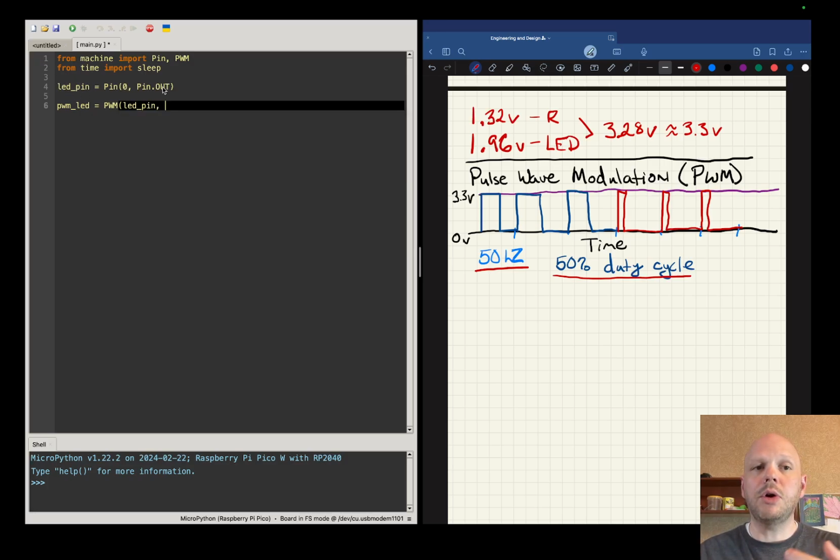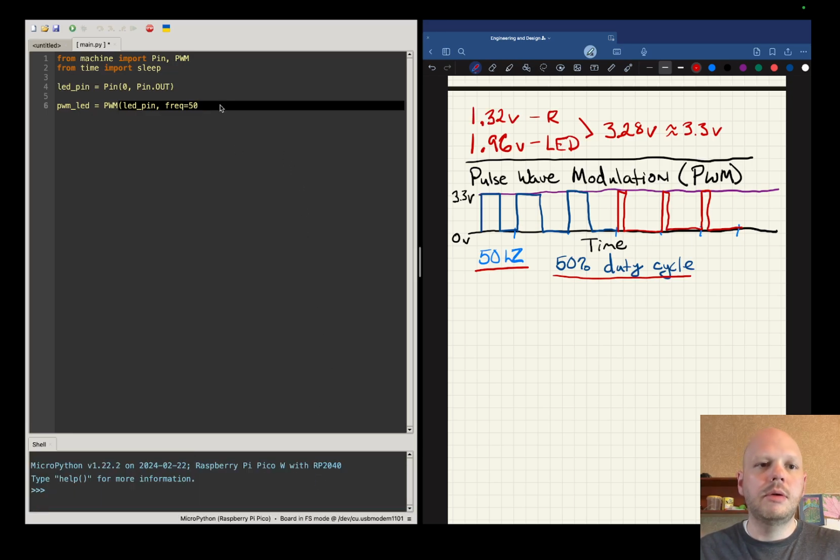So it's pin 0 and it's an output pin. And I'm going to set my frequency to be 50 hertz. Go ahead and connect back to my Pico. And there we go.